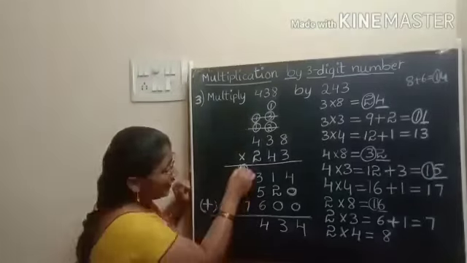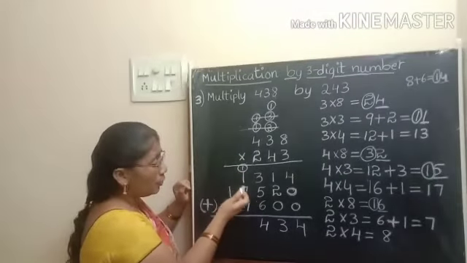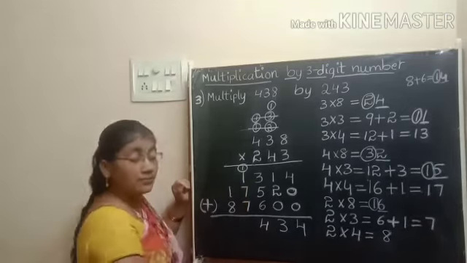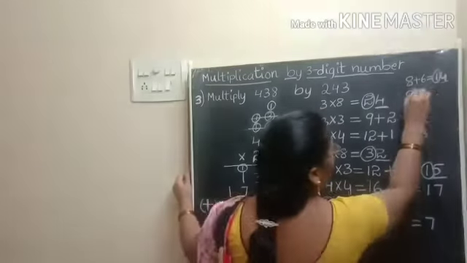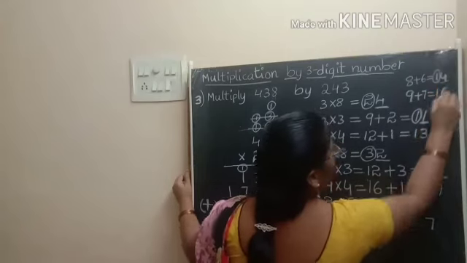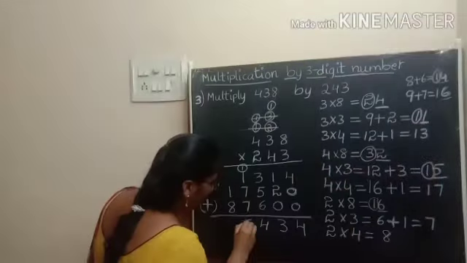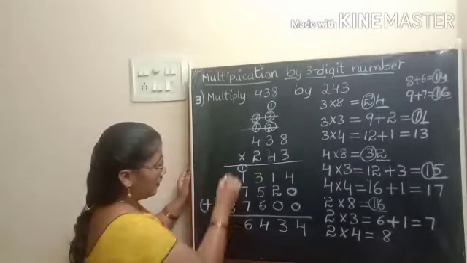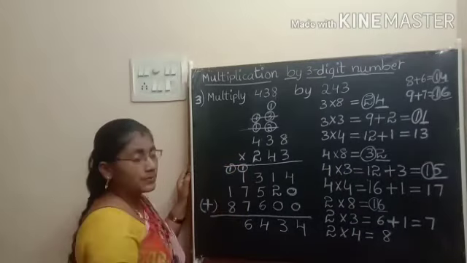Then add along with carry, 1 plus 1, 2. 2 plus 7, 9. 9 plus 7, how much it is? 16. 9 plus 7 is equal to 16. So write 6 as result and 1 as carry in the next place.